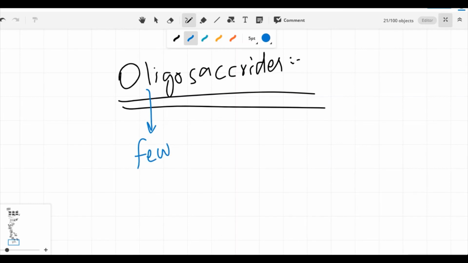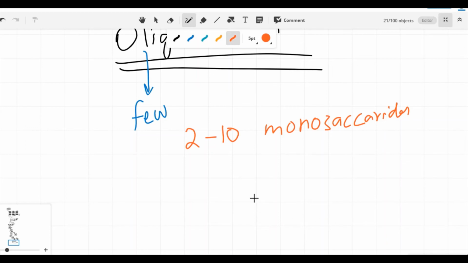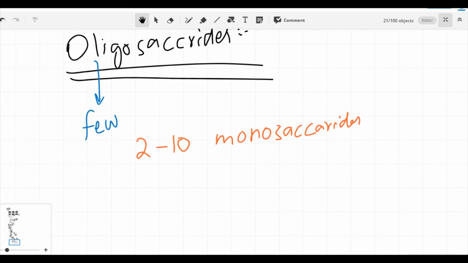And saccharides, as we know, means sugar units, so they contain about 2 to 10 monosaccharides. For example, if two monosaccharide units combine, they make an oligosaccharide. Oligosaccharides contain 2 to 10 monosaccharide molecules which are liberated on hydrolysis.